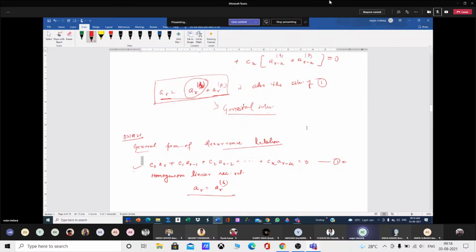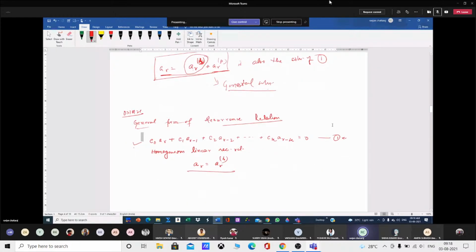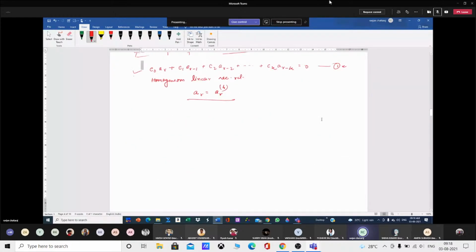Like the linear differential equation with constant coefficients, suppose the solution of 1 be a_r.